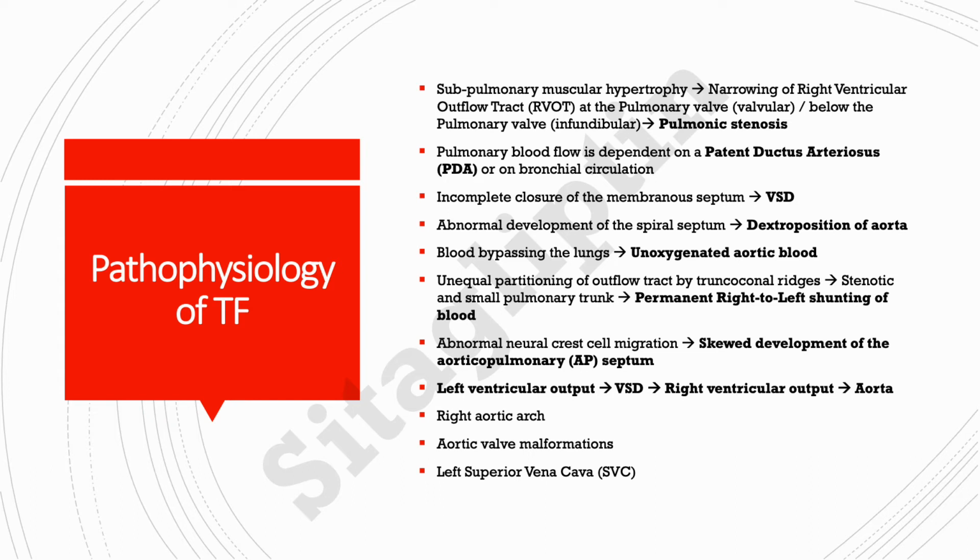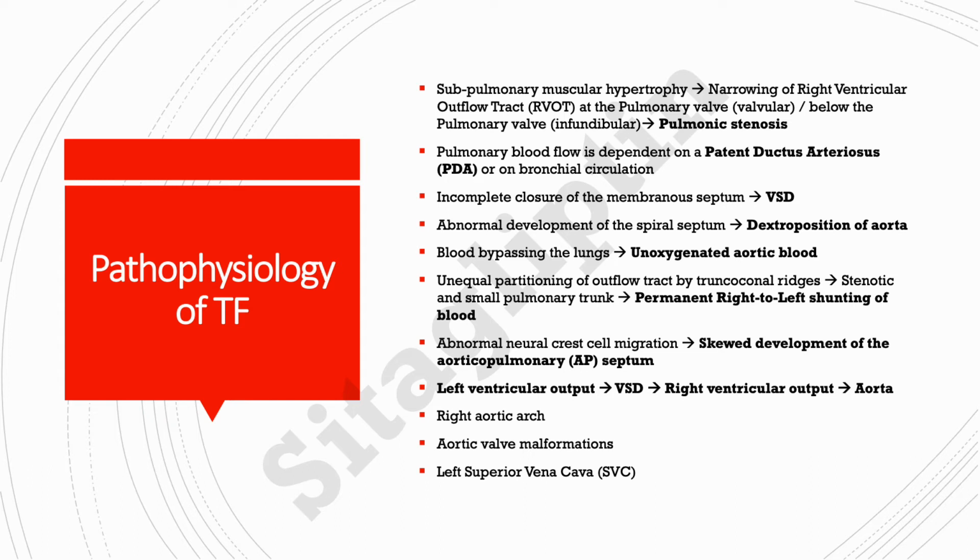Alright, there's plentiful mixing of blood, and that mixed blood, most of it deoxygenated, would move into the aorta and be supplied to the entire body, which would cause cyanosis, as we would learn in the next slides. So this is a general pathophysiology of Tetralogy of Fallot, of Fallot's tetralogy.